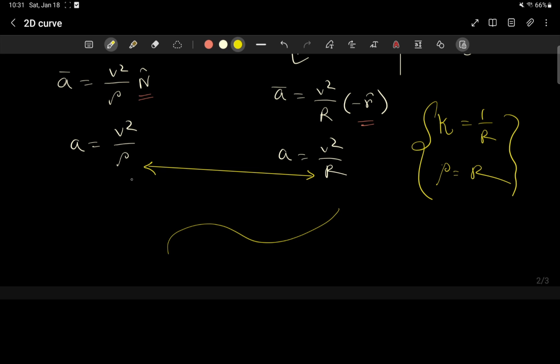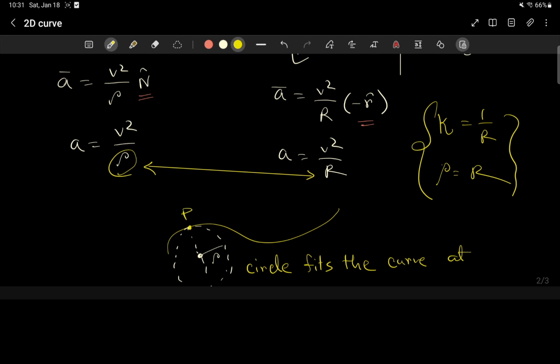This just changes. And for every point, there is a characterizing radius of curvature which corresponds to a circle. And that circle must have the radius rho, or the radius of curvature, and this circle fits the curve at some random point, let's say P. So there will be different circles, of course.